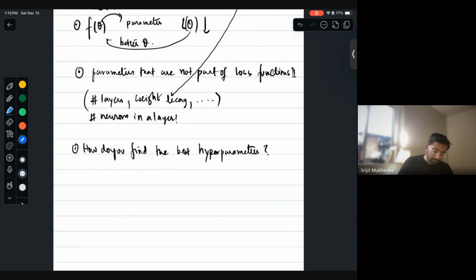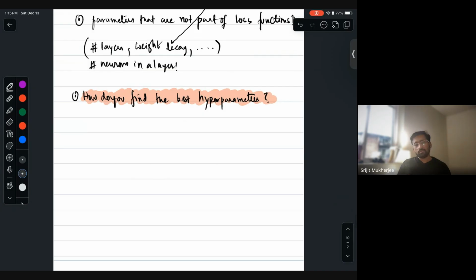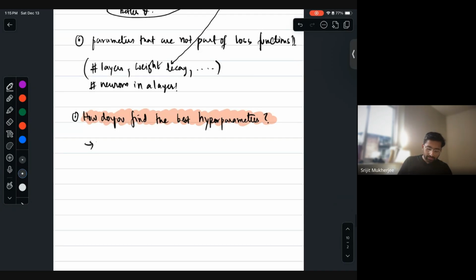How do you find the best hyperparameter? It's very simple. So what is a hyperparameter? A different model.